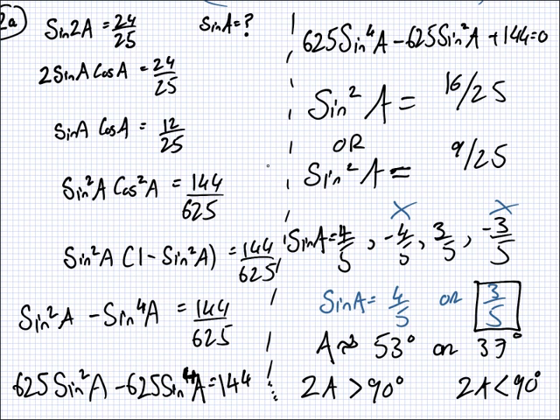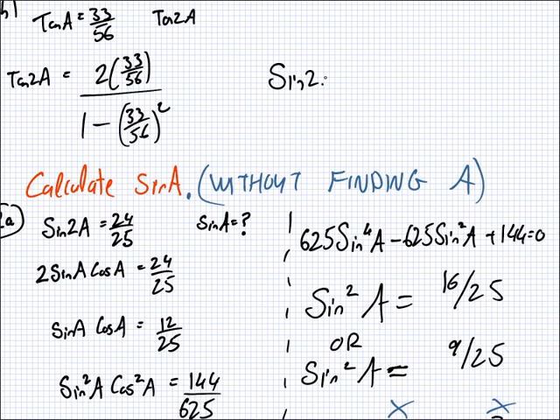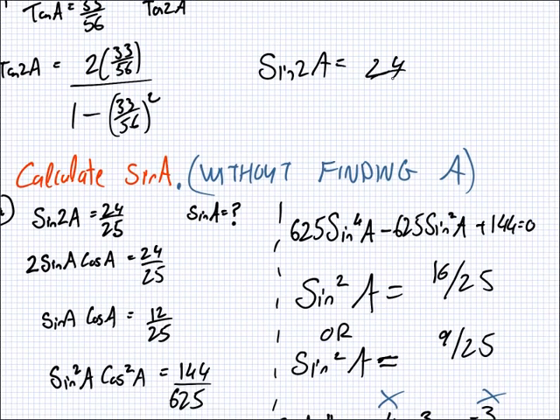If they forget to say this, we can just calculate how much A is. If they just said sine 2A equals 24 over 25, solve for sine A, we can do it, but I don't think they'll do this.